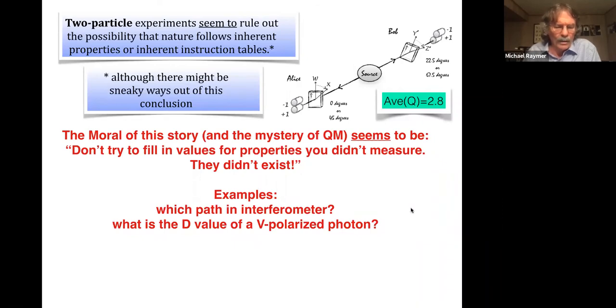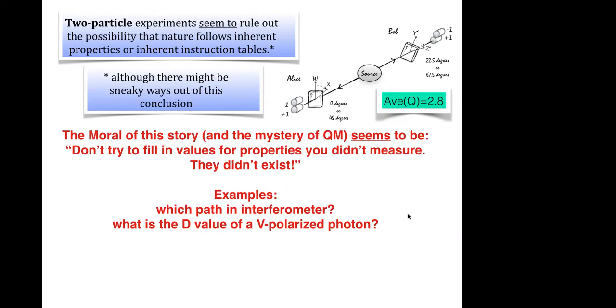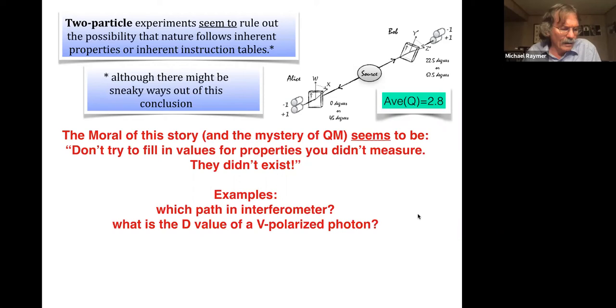You have to enclose the interferometer in a black box and not look inside it to try to figure out which path the photon is taking. In that case, the question which photon path was the correct path is an ill-posed question. It's a nonsense question because it has no answer.